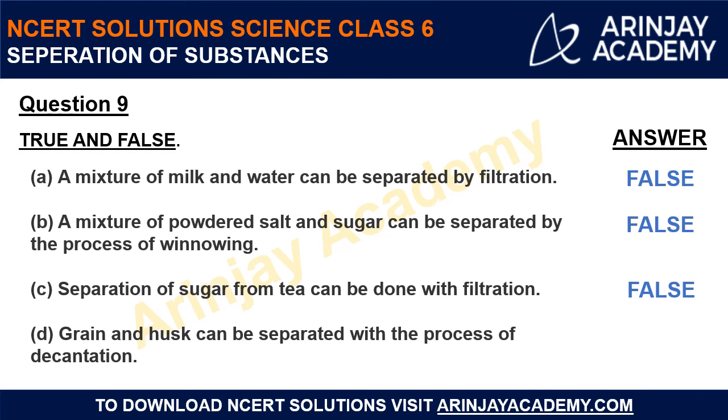Here we pour off the lighter or liquid component, and this method is called decantation. However, grain and husk are both solid components, so we cannot separate them through decantation. In fact, we can use winnowing or sieving to separate them. So this is false. Alright, so let's move ahead.